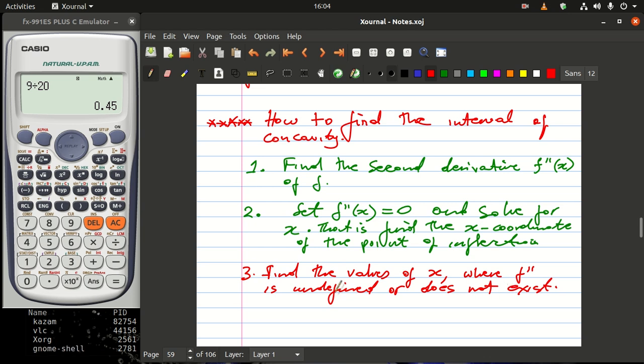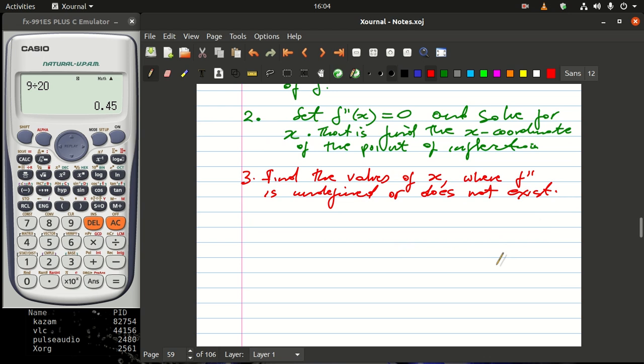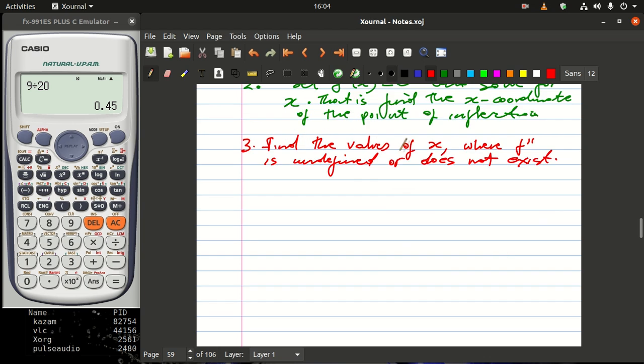And also this undefined thing, if you have functions that are not defined at single points, or a function with a denominator, you don't want the denominator to be 0, because once you get a 0, you get an indeterminate form or an undefined. So you find those x values whereby this second derivative is undefined or does not exist. The second derivative does not exist.